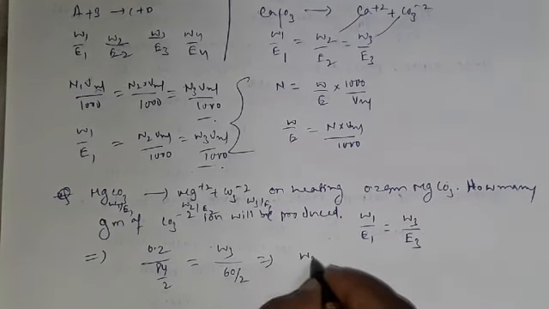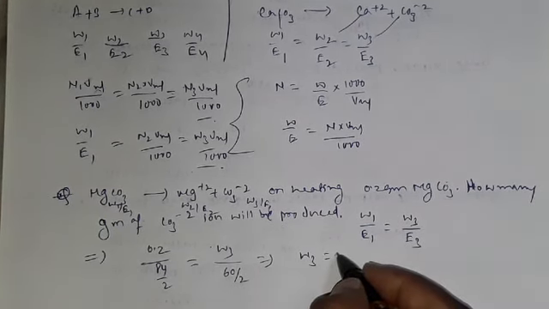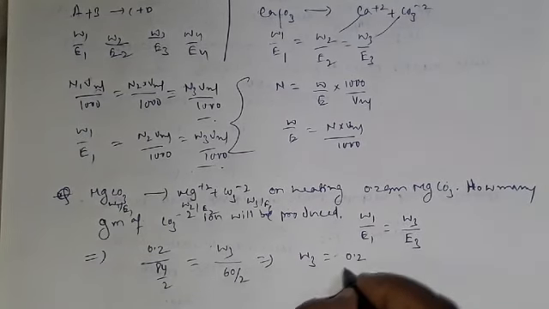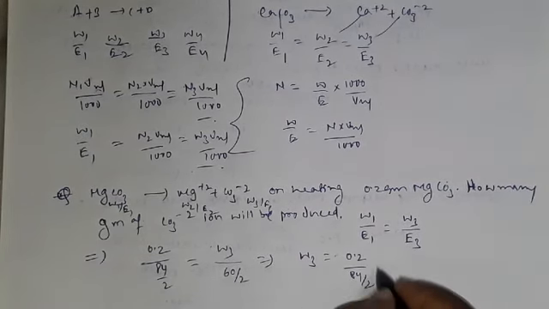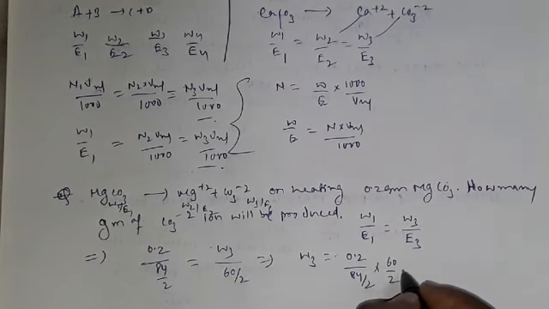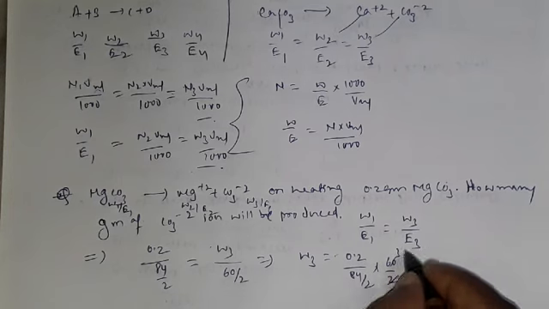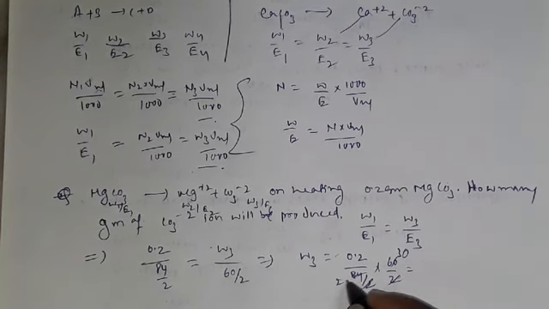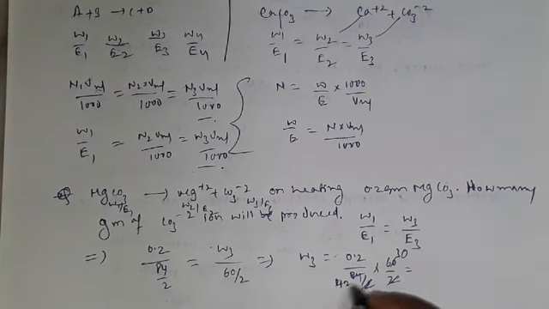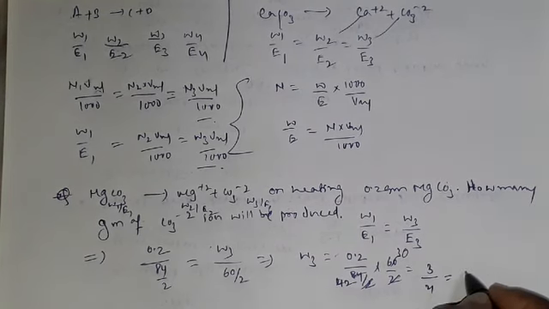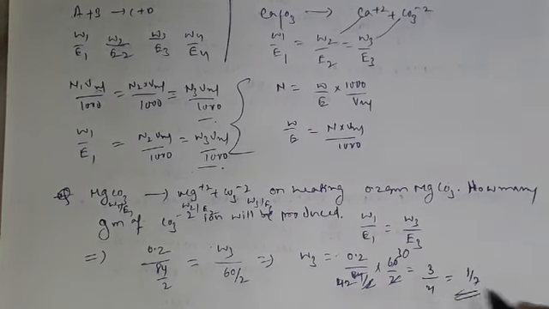So W3 equals 0.2 by 84 by 2 into 60 by 2. That is 30, that is 42, so it is nearly 3 by 21, so 1 by 7.